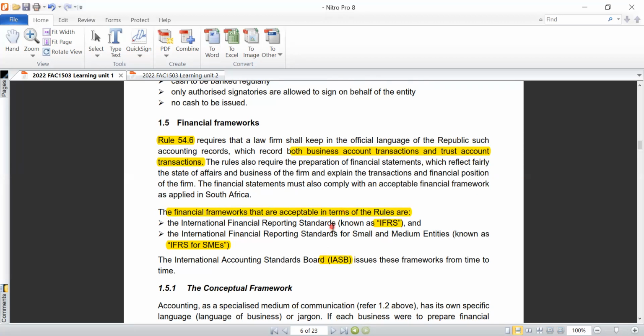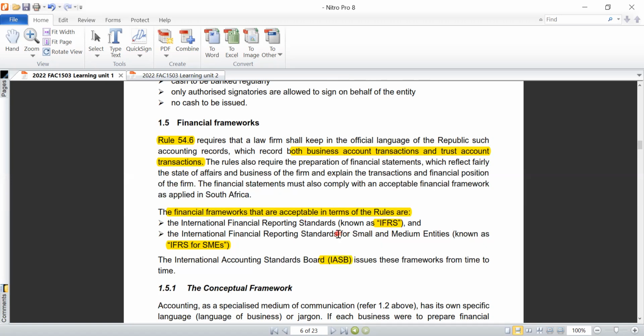So it's important to distinguish the differences between the two, because sometimes they can ask you who issues the financial frameworks, and then they give you IFRS, IFRS for SMEs, and then they put IASB, and then they put something else as well. So you need to be able to know the differences. This accounting board, the IASB, is responsible for issuing these financial frameworks, right?